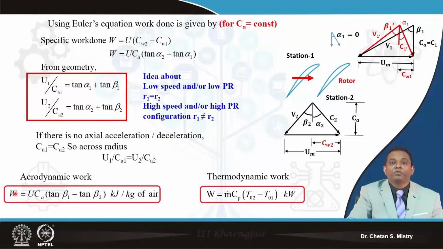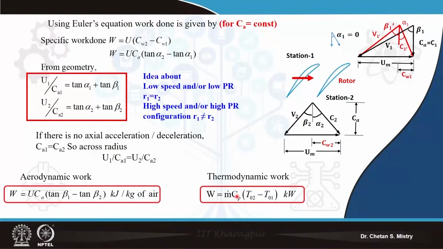Do not get confused with this term. Okay, so you can say my aerodynamic work is a function of my peripheral speed, a function of my axial speed, and my angles beta 1 and beta 2. We will be discussing in detail in the next lecture what is the use of this equation. And this is all we have learned from our basic understanding.